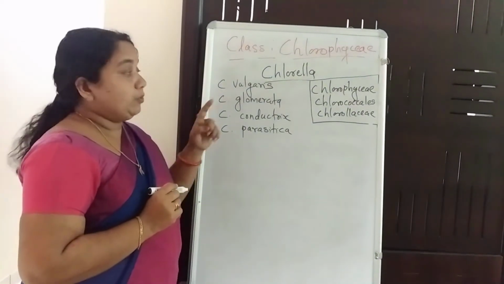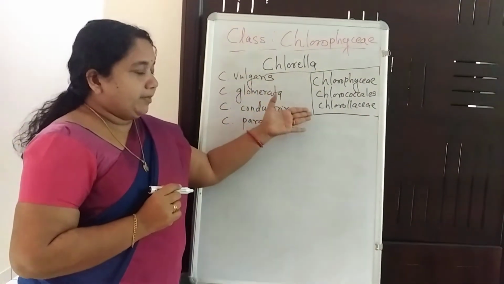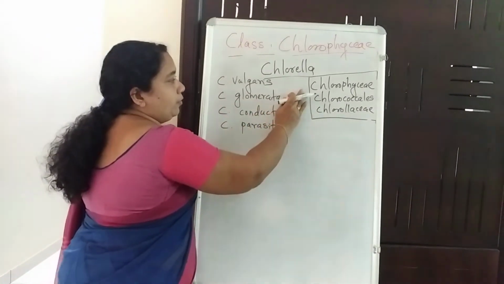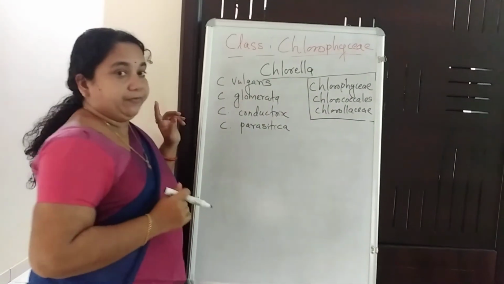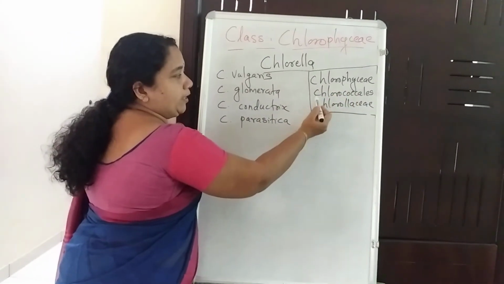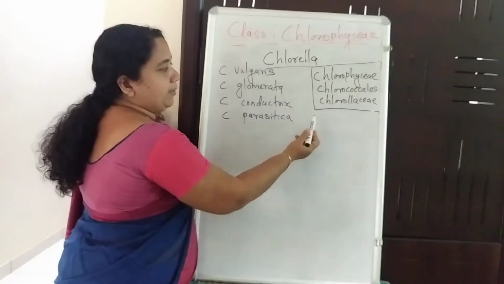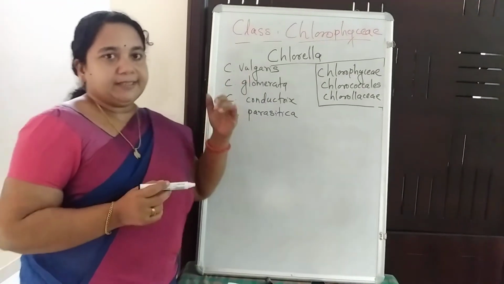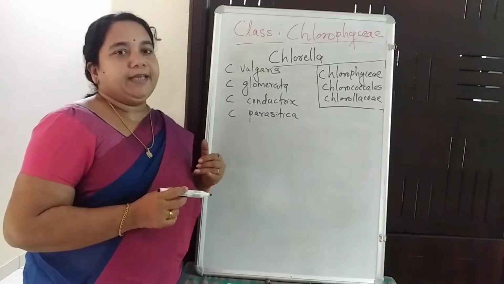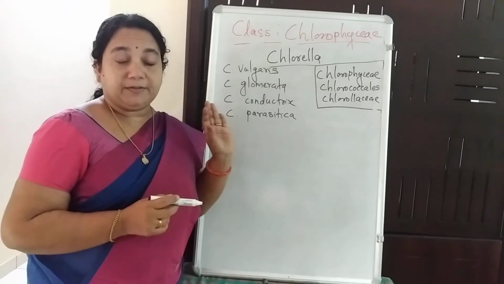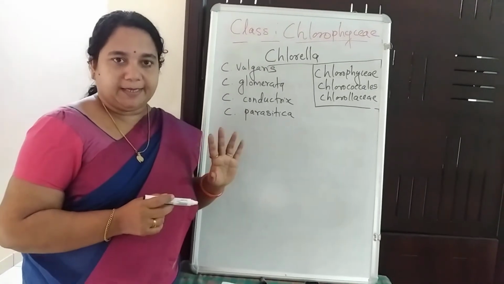As you are the main students of botany, you have to know or study this classification also. So, class Chlorophyceae, order Chlorococcales and family Chlorellaceae. So, Chlorella is the first type we have to study, and it is with a simple life cycle.